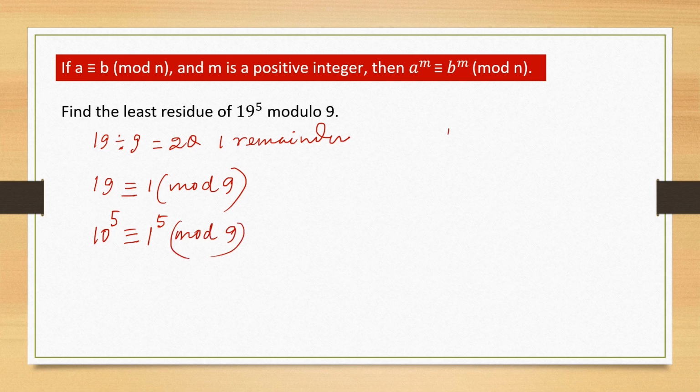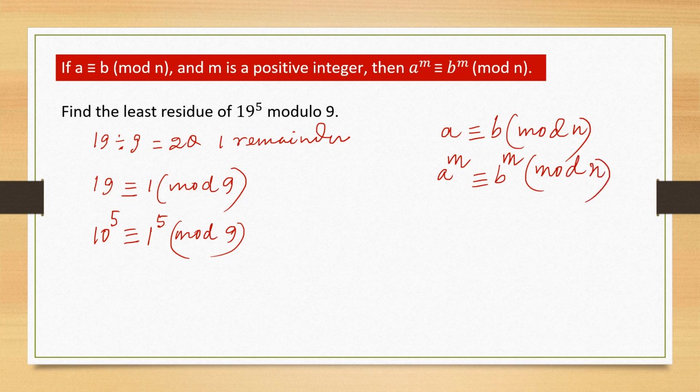As this said, A is congruent to B modulo n, then A raised to the power m is congruent to B raised to the power m modulo n. So here A is 19, B is 1 and m is 5. So 1 raised to the 5 is 1 again. So 1 modulo 9, that means 1 is the least residue.